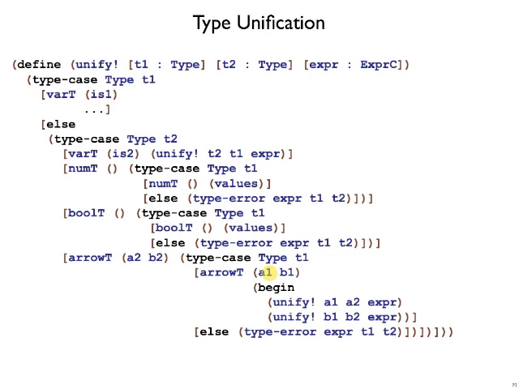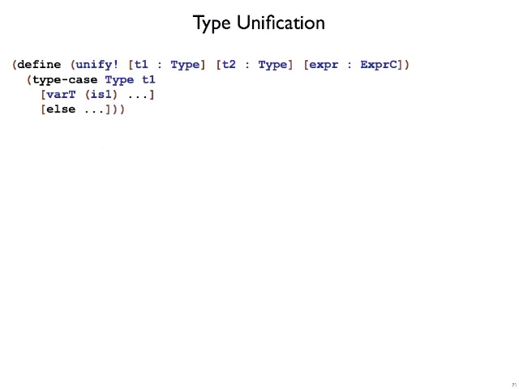And we just make sure that the argument types are compatible and the result types are compatible by recurring with unify on their argument types and their result types. And we put these unifies in sequence with the begin because unify doesn't return anything interesting. It simply compares two types, perhaps assigning some type variables along the way, and then returns nothing if it succeeds, and it'll raise an error if it fails.